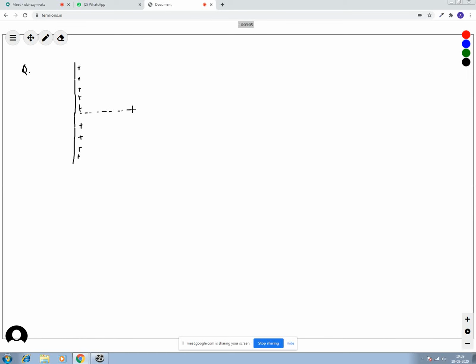You need to find what is the electric field at P, given that this distance is 20 centimeter and lambda equals 5 into 10 to the power minus 4 coulomb per meter. Find E at P. You can easily do that. Okay? Got it?